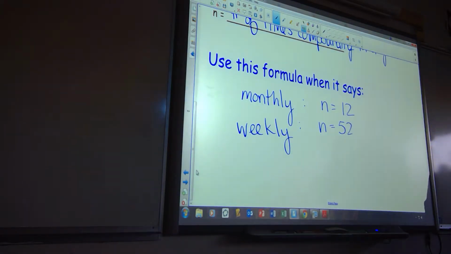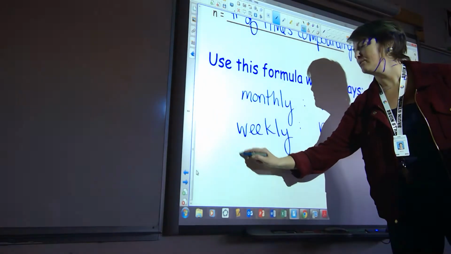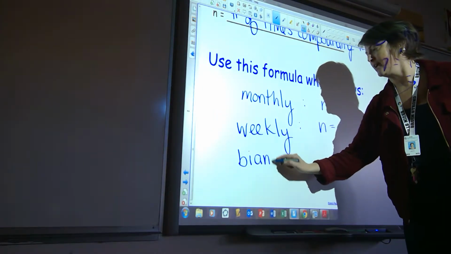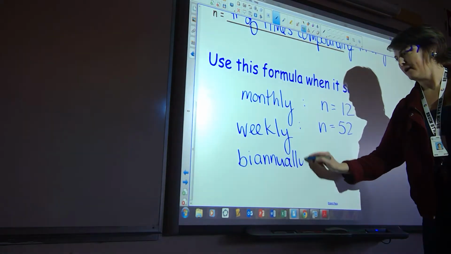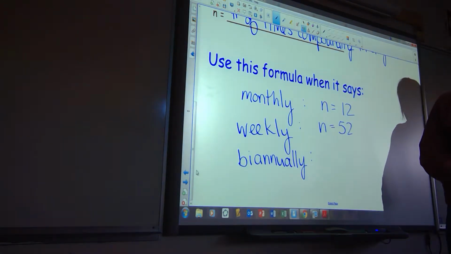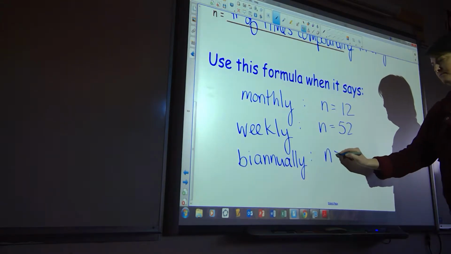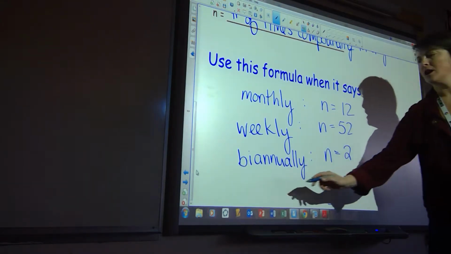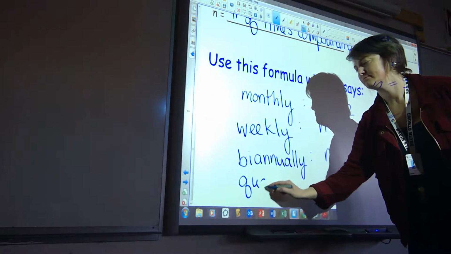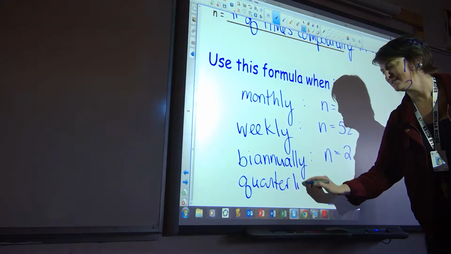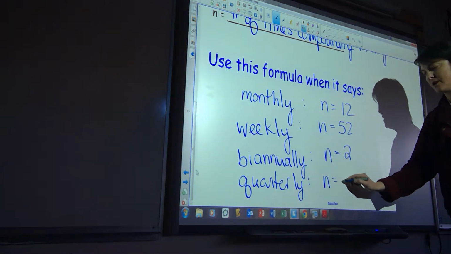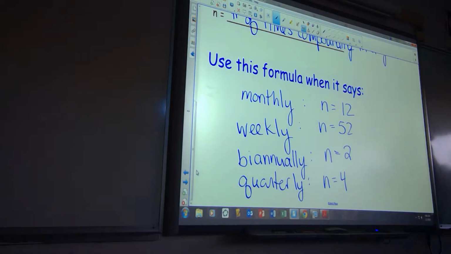What if it says compounded biannually? How many times is that in a year? I think it's twice. What if it says compounded quarterly? That means it is happening 4 times in the year. And I think that those are the ones.